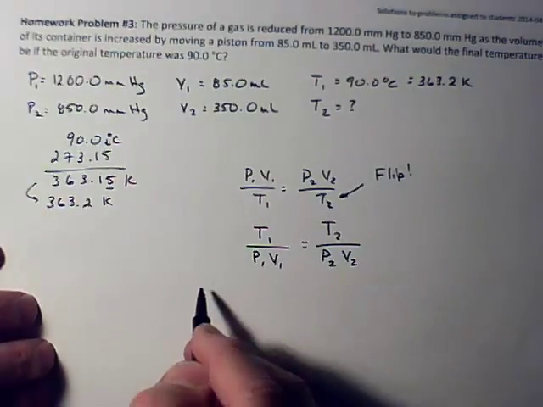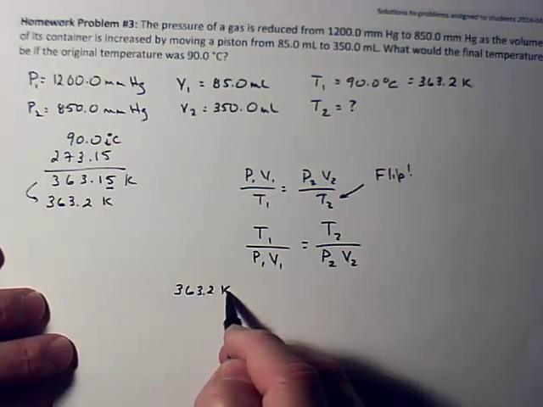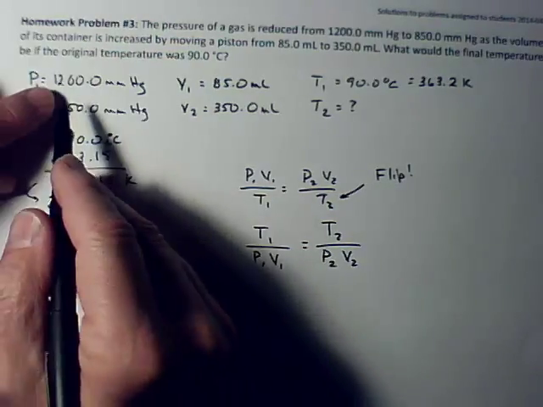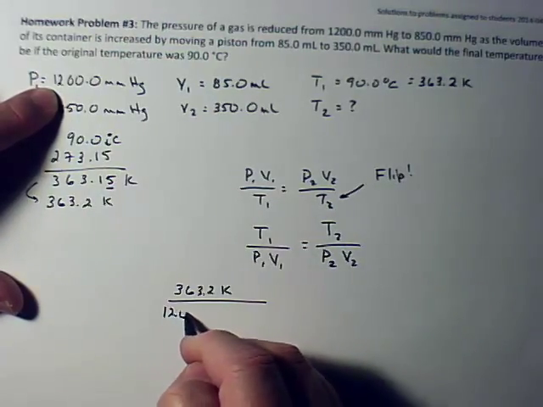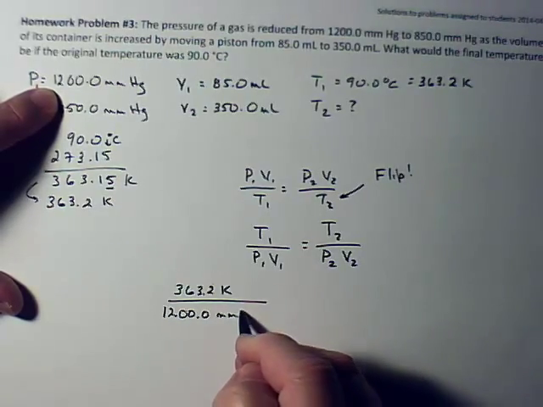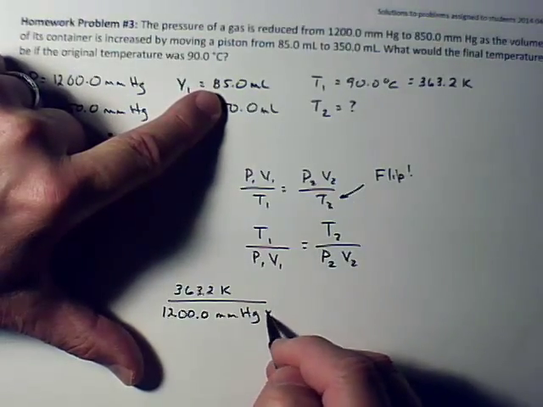Now we can plug everything in. 363.2 K is T1. P1, 1200 millimeters of mercury. V1, 85.0 milliliters.